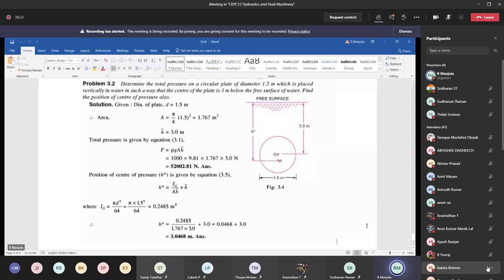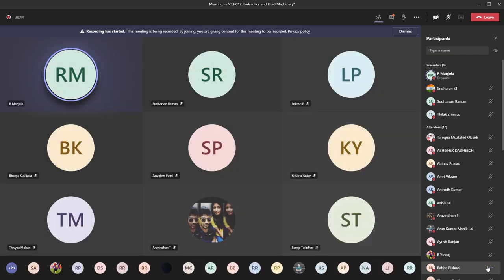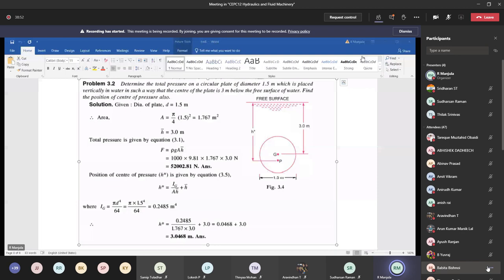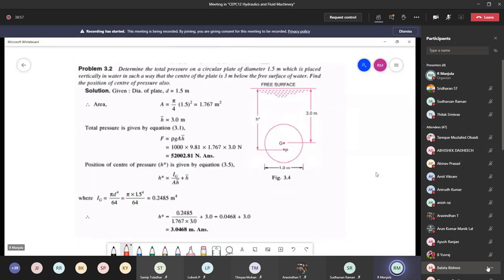One problem: determine the total pressure on a circular plate of diameter 1.5 meter, placed vertically in water in such a way that the center of the plate is 3 meter below the surface.